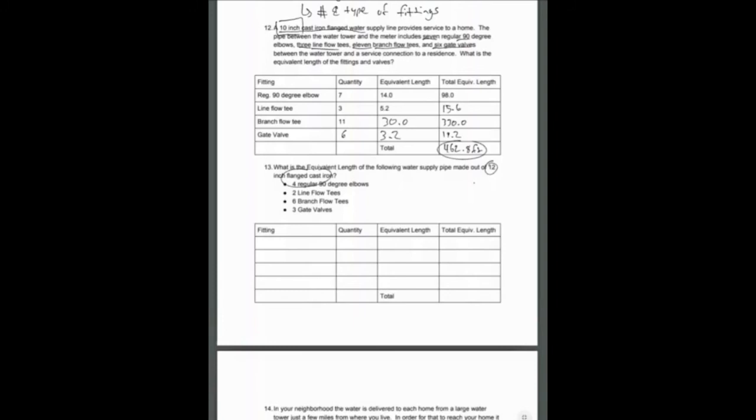So we have 90-degree elbow, and 4 of those, line flow T, and we have 2 of those, branch flow T, we have 6 of those, and gate valves, we have 3 of those. Going to the table, I'll kind of just speed this up, but I'm not going to go back and forth. You can look it up on your own.